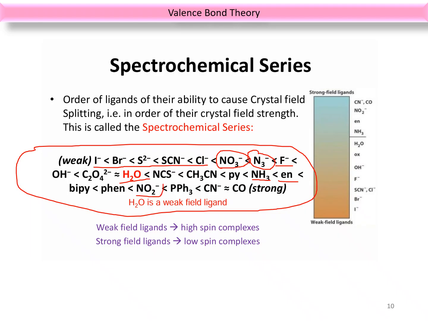Phosphine, cyanide, and carbon monoxide are among the strong ligands, but cyanide and carbon monoxide are the strongest of all. So this series is going to be a very important point when discussing why some coordination complexes that initially look as if they are paramagnetic are actually diamagnetic, and vice versa.